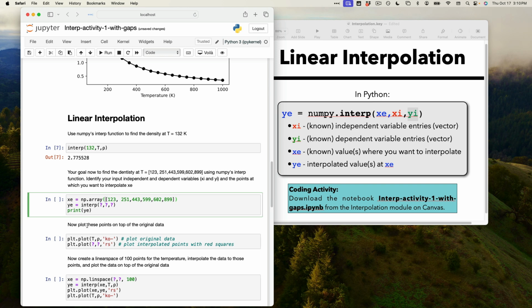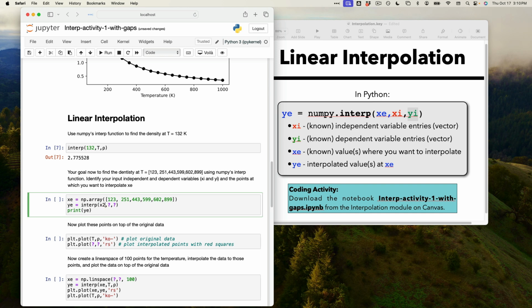Okay, containing what? The interpolated values. Okay, in the order these were given. So it's going to give us the density at 123, the density at 251, the density at 443, and so on, consecutively, in that order.